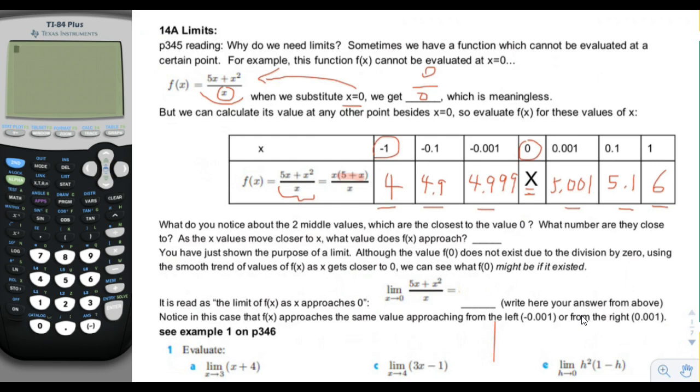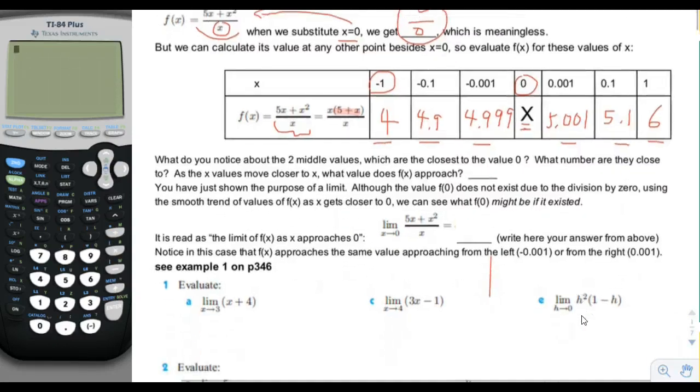So even though when you evaluate that function at x equals 0, you get this meaningless thing, the trend is for that point to evaluate to 5. Because immediately to the left, it looks like it's approaching 5. Immediately to the right, it looks like it's approaching 5. So isn't that kind of weird?